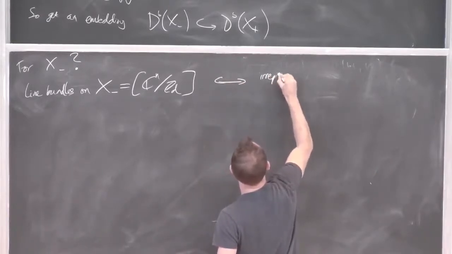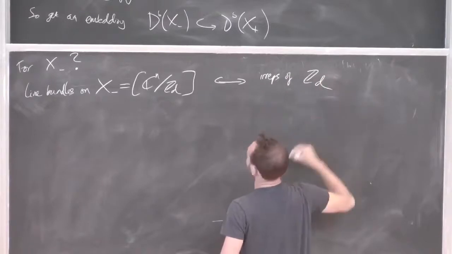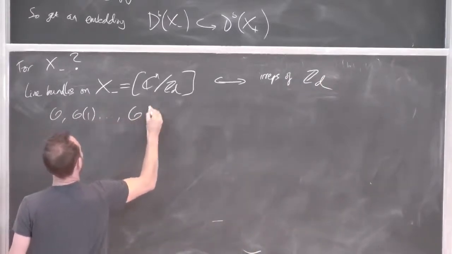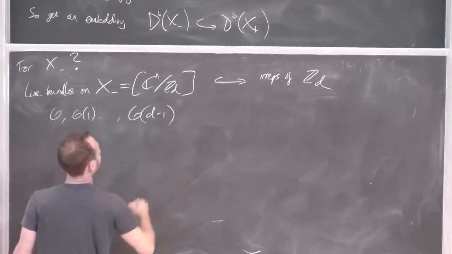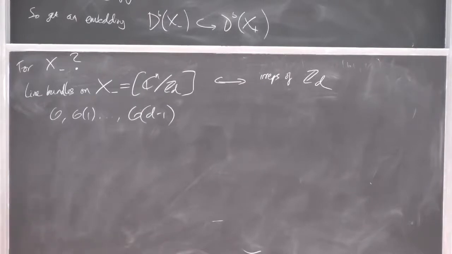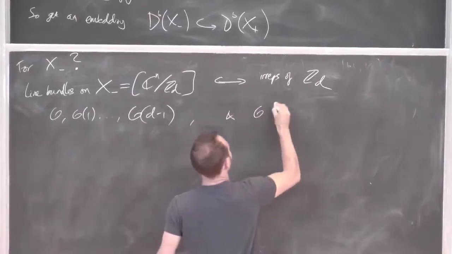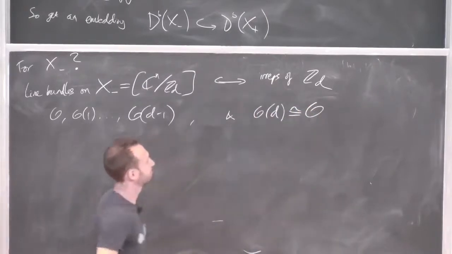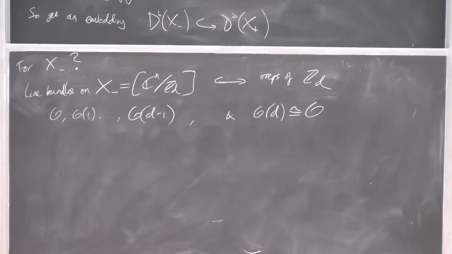So these things are indexed by irreps of Z_D. So they go O(1) up to O(d minus 1). And then, in some sense, you have O(d), but it's isomorphic to O again. So O(d) is, in some sense, trivial, if you want that to exist, right? So you only have this finite list of them to start with. And it doesn't sound very surprising if I tell you that these guys generate the entire derived category. Okay?